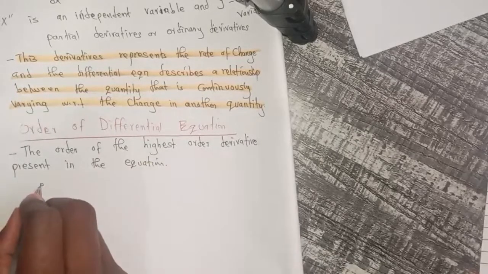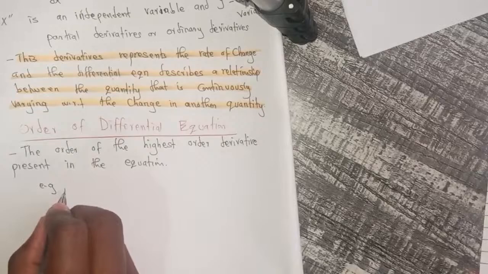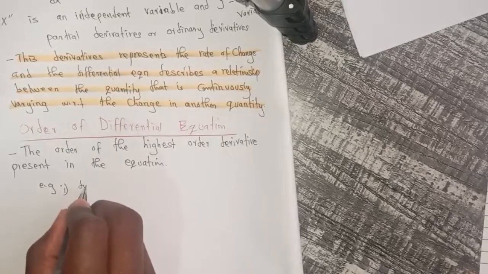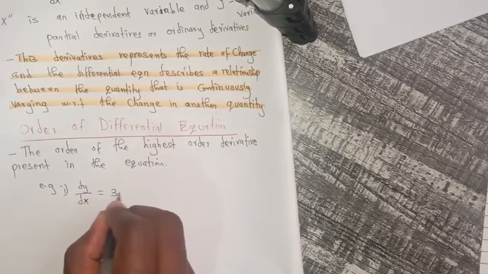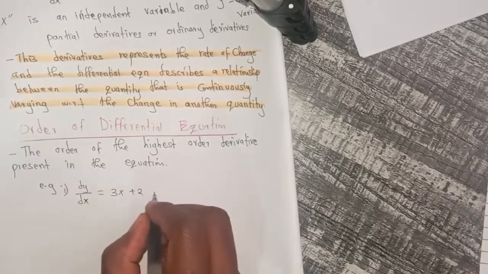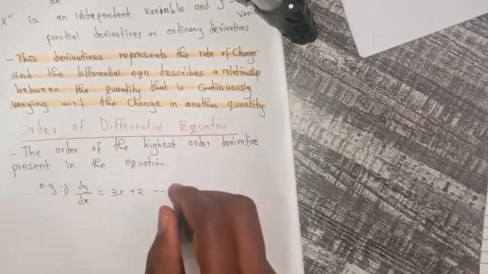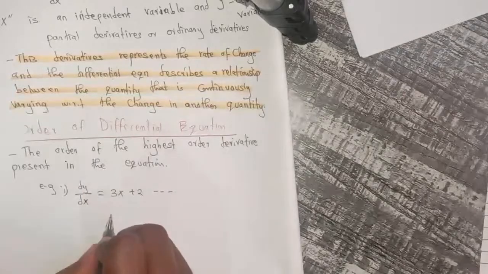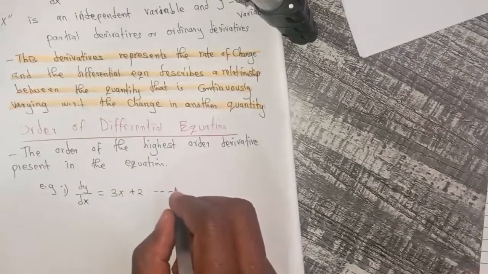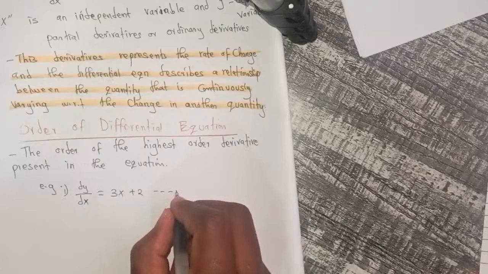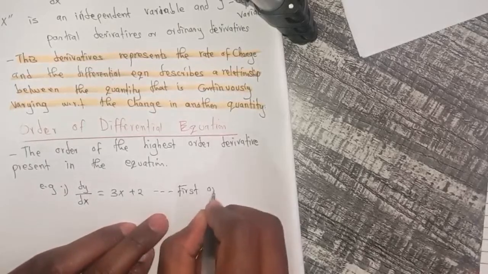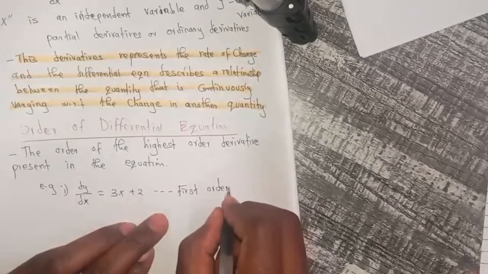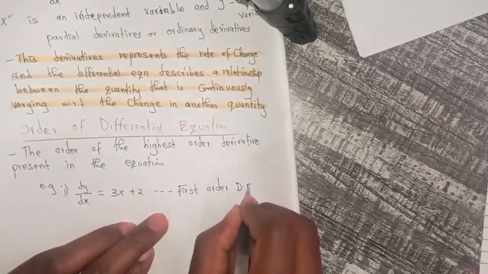For example, example number 1: dy over dx is equal to 3x plus 2. In this equation we have a first order differential equation.